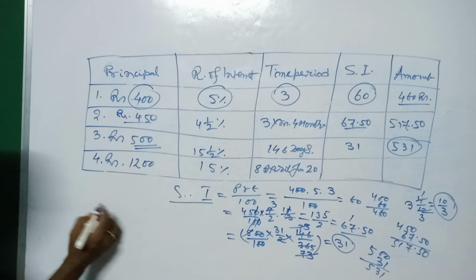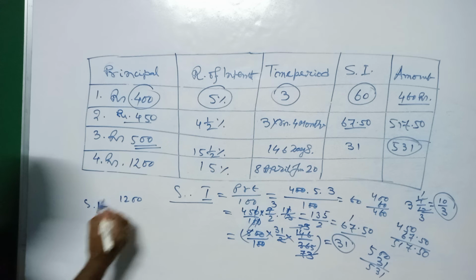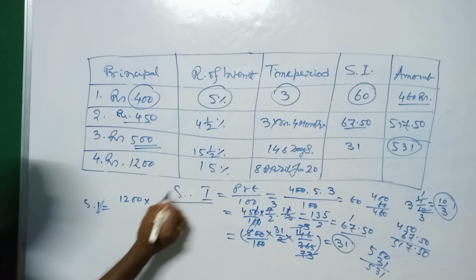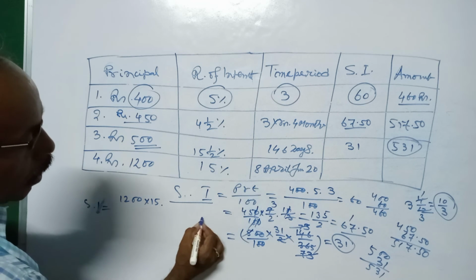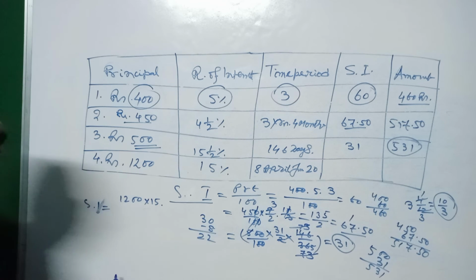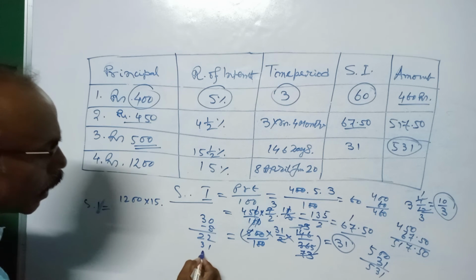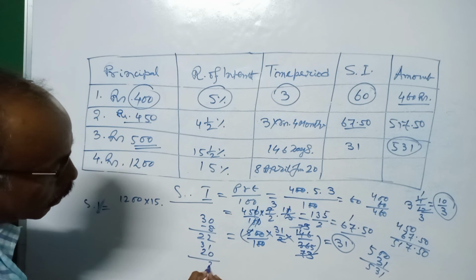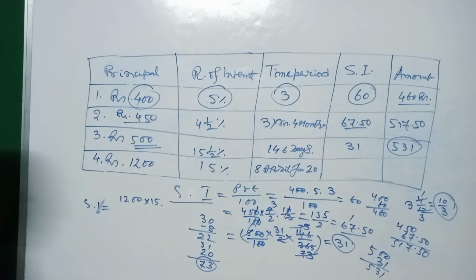Next you see, simple interest is equal to PRT divided by 100, where P means 1200, R means 15%, T means 8 April to 20 June. April is 30 days, now 8 is minus 22 days. April 22, May 31, and June 20, it will be 73 days.